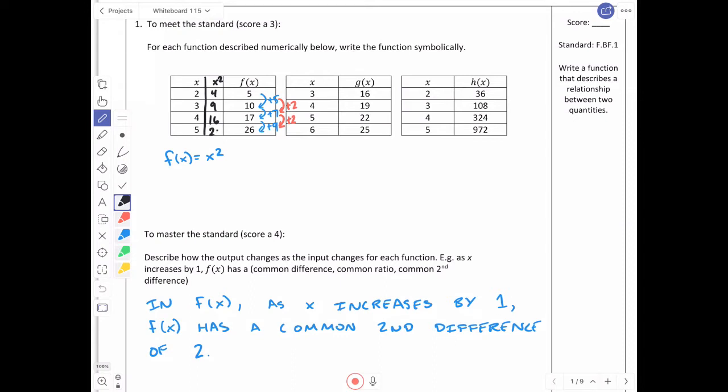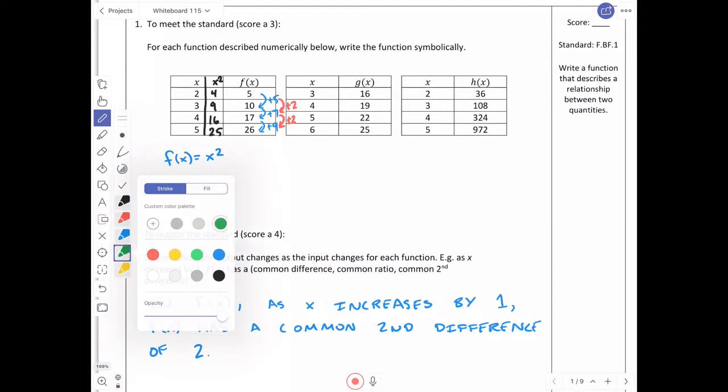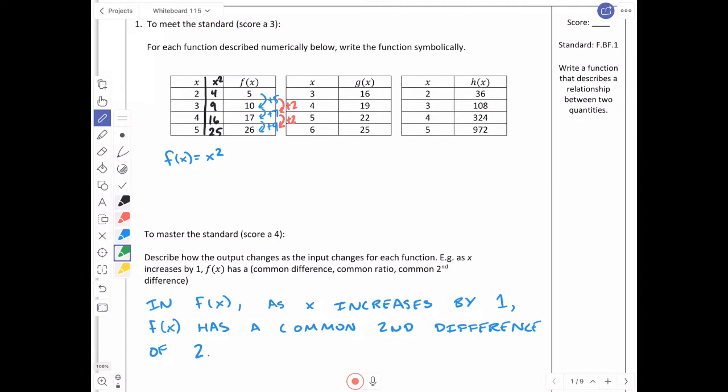And 5 squared is 25. And then my next question becomes, how would I get f of x from x squared? Well, here, plus 1, plus 1, plus 1, plus 1. So my pattern is x squared plus 1.